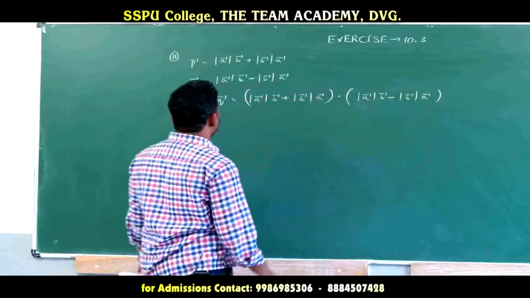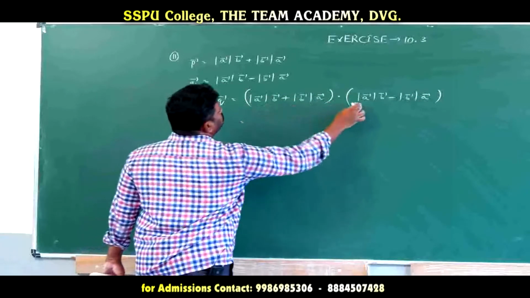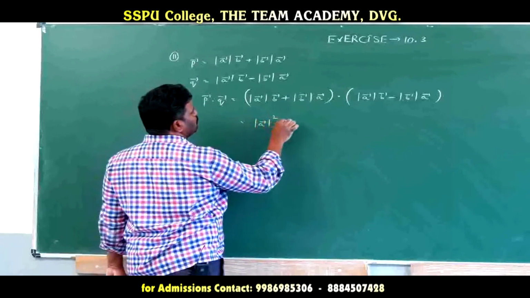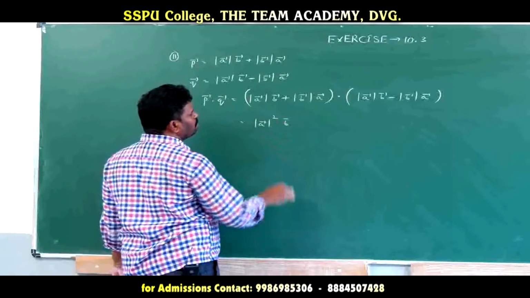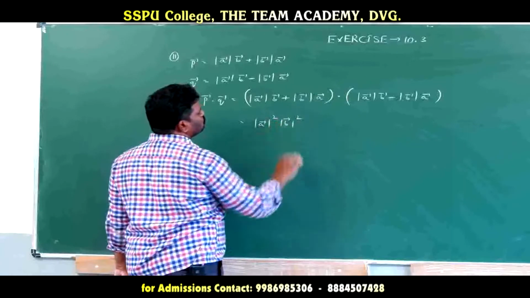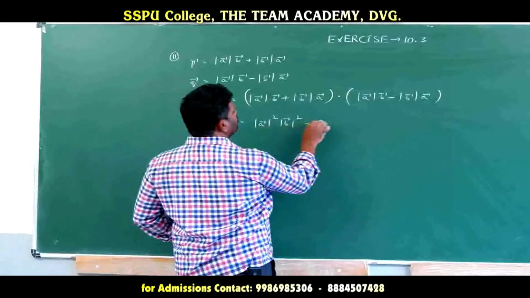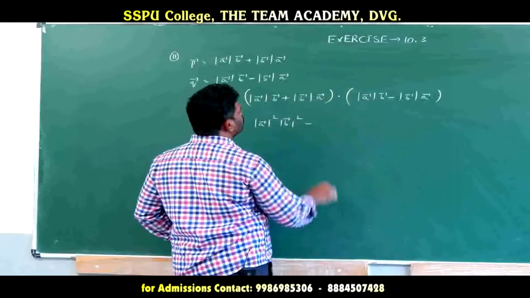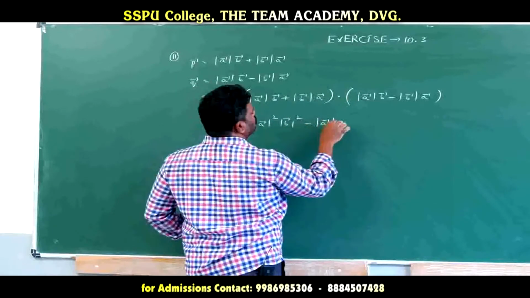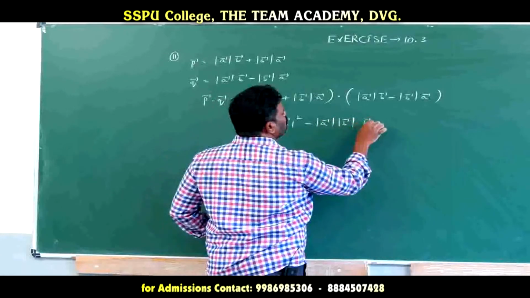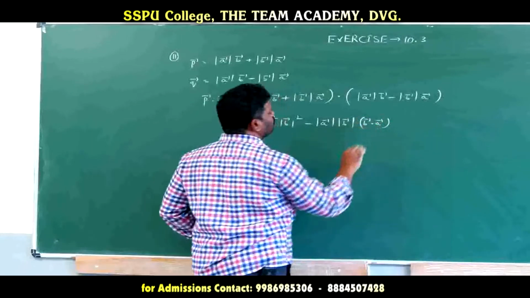First, magnitude into magnitude gives magnitude of A bar square into magnitude of B bar square. Minus, multiplying again, magnitude of A bar into magnitude of B bar into B bar dot A bar.